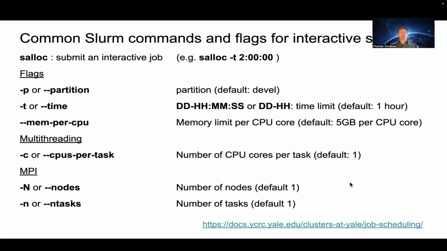For MPI parallel applications, the relevant options are --nodes, which is the number of compute nodes you would like your job to run on. And by increasing this, you increase the possible number of what are called tasks in the MPI application that can be run. And then you can also explicitly set the number of tasks you would like for your job with the --ntasks option.